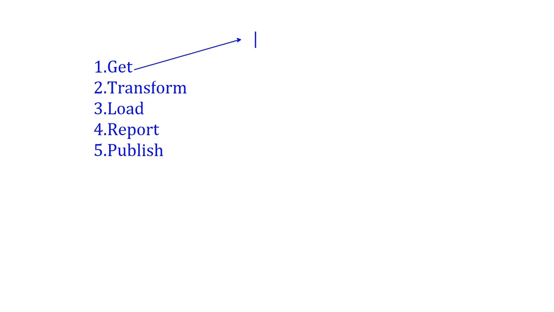Get. From where are we going to get the data? Now we are going to get the data from Excel. But normally, you can get the data from any data source in the world. It can be Excel, text, CSV, PDF, or even a picture.